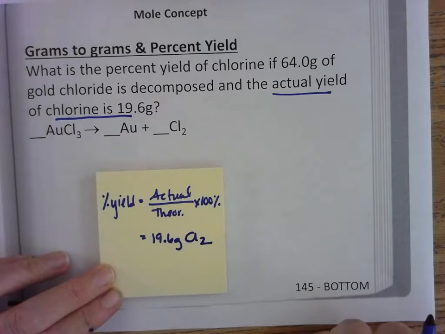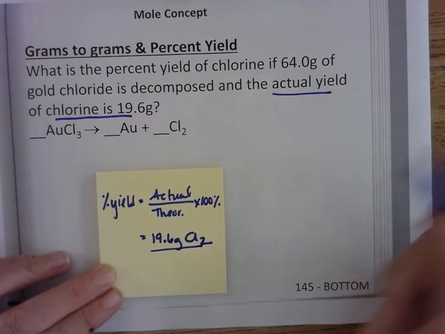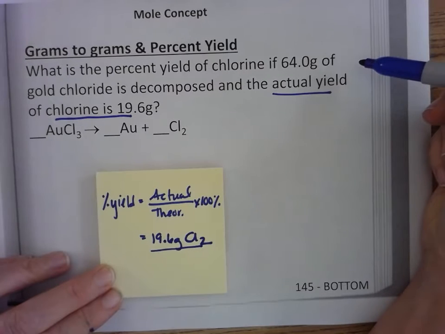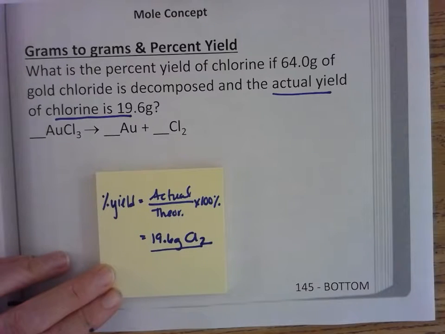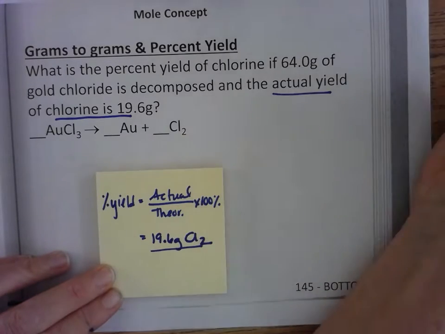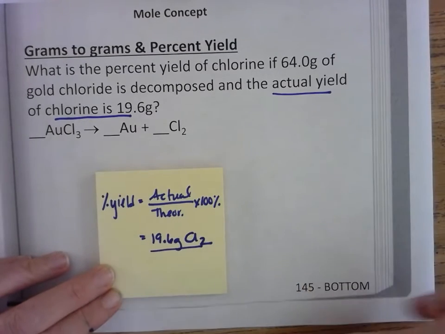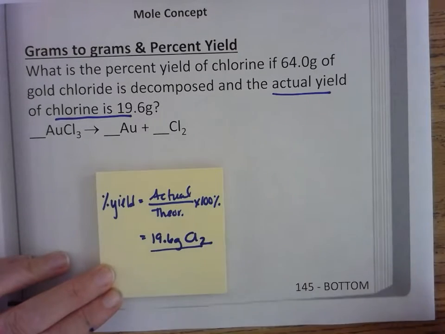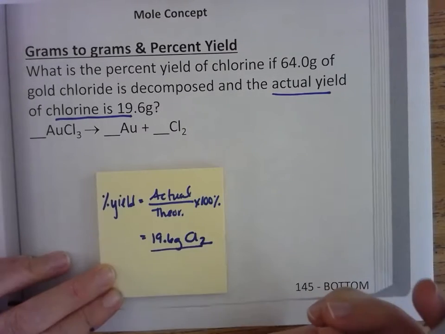Okay? What I need is this theoretical yield. And if I read this again, it doesn't appear I have one. What is the percent yield of chlorine if 64 grams of gold chloride is decomposed? So I do not have the theoretical yield. If you look in your notes, it says that sometimes you have to calculate the theoretical yield using gram to gram stoichiometry. So we're going to come back to this.